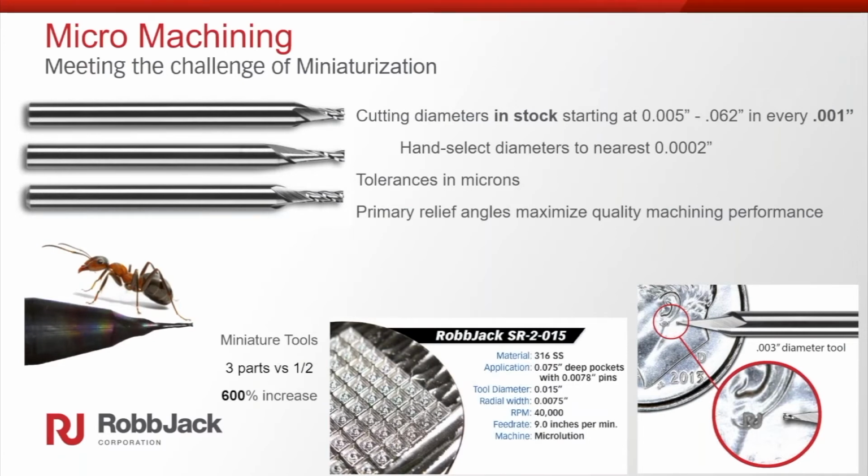We're seeing things get smaller and smaller all the time. Most people aren't aware that these sizes are on the shelf ready to ship. But here at RobbJack, we stock from 5/1000ths of an inch to 62/1000ths in every 1,000 increment.